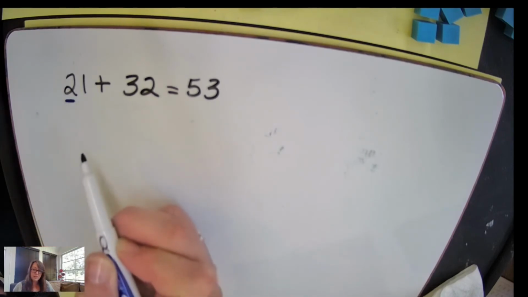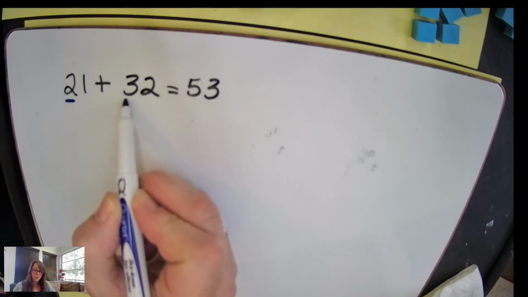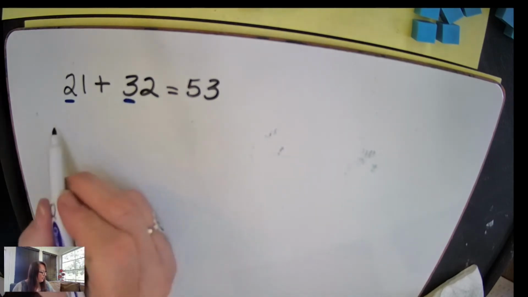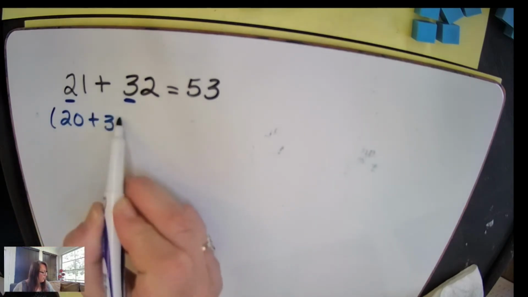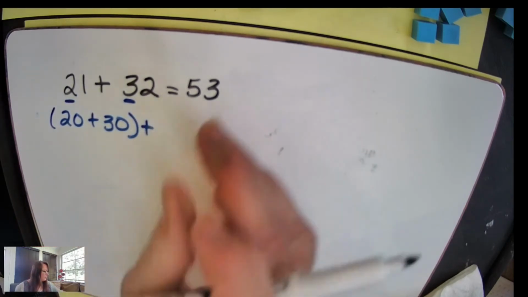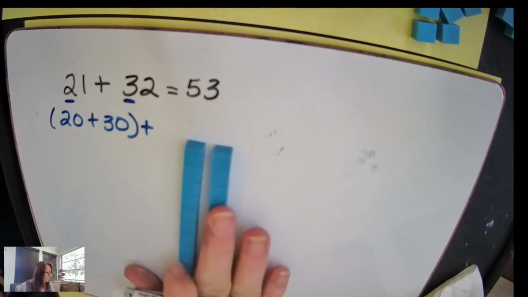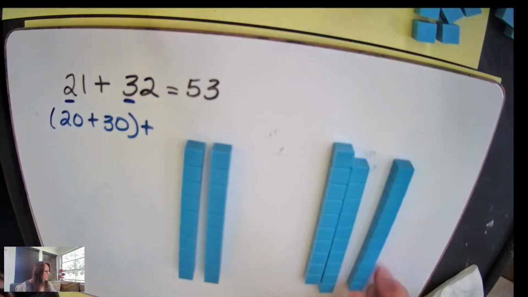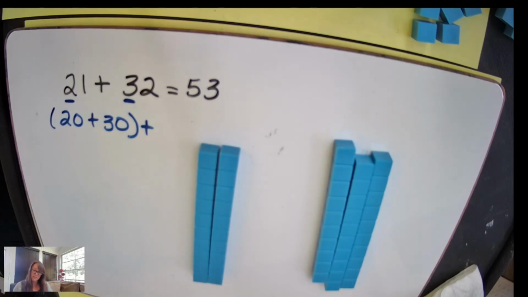Here we have, in 21, 2 tens, and in 32, we have 3 tens. So that is 20 plus 30. Now, the ones.